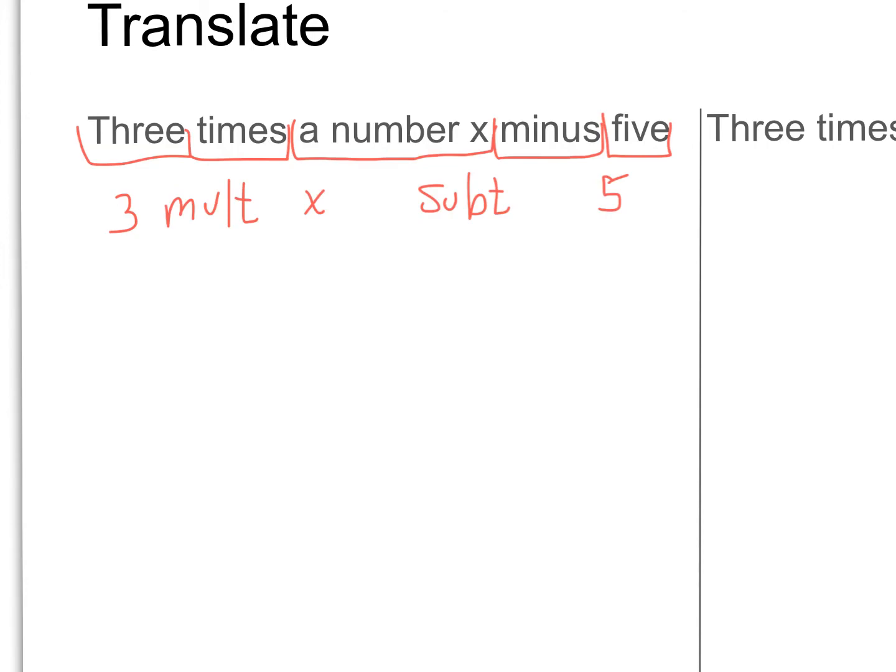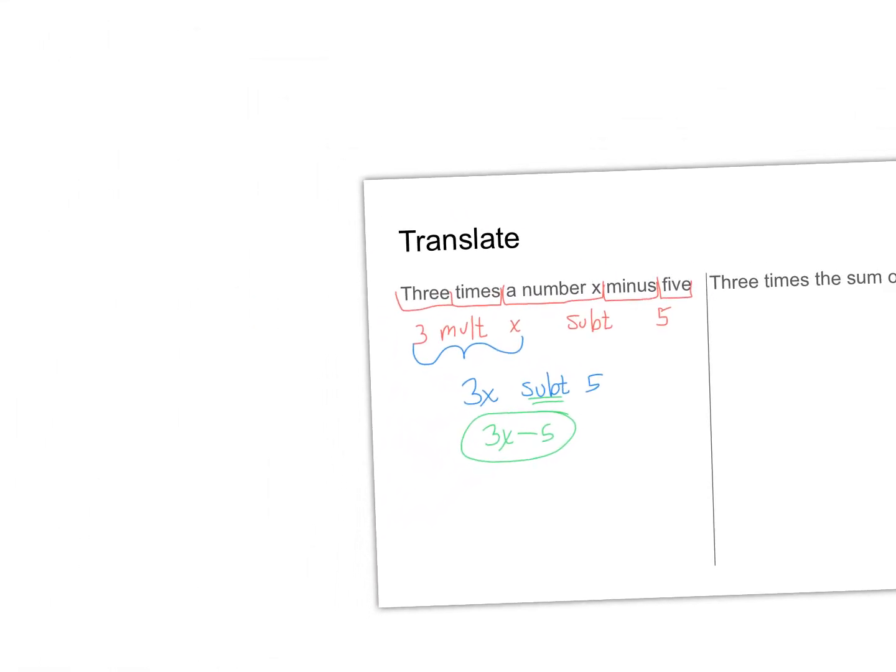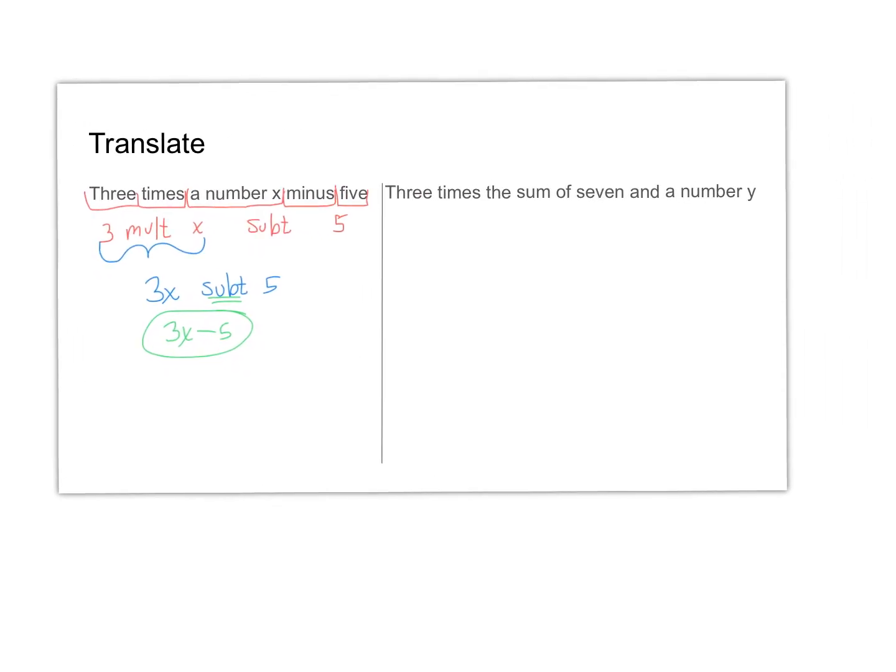So we're going to show the 3 multiply x. So that's 3x. Okay. And now let's take care of this. 3x minus 5. All right, so there's that one. You should get that. Okay, so let's go to the other one.